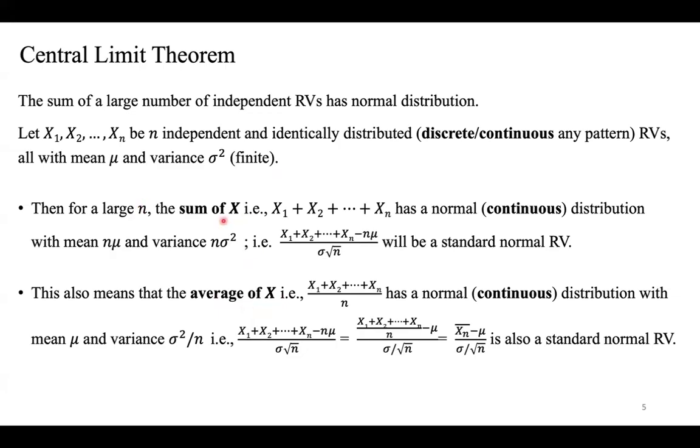So the first one is that when you take a sum of these random variables, then that has a normal distribution. And of course, normal distribution is a continuous distribution. The mean of that is going to be n mu, and the variance is going to be n times sigma square. So that is a normal distribution. And then we know how to convert a normally distributed random variable into, okay, just a second.